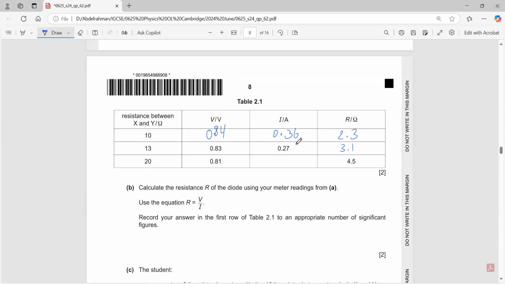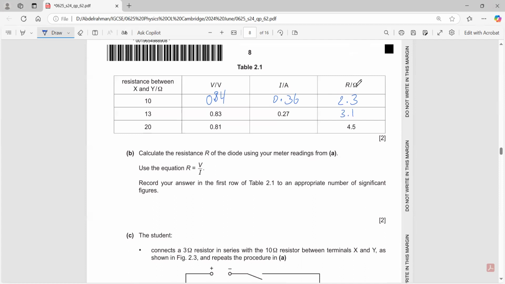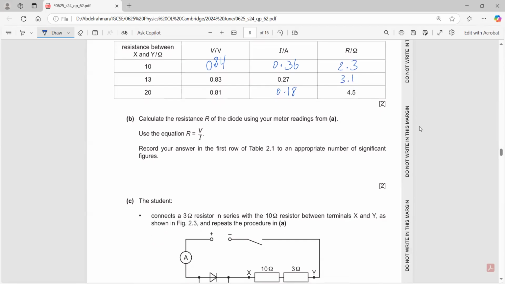And then, can I find the current? Yes, I equals V over R, so 0.81 divided by 4.5, which should be around 0.18 amperes.